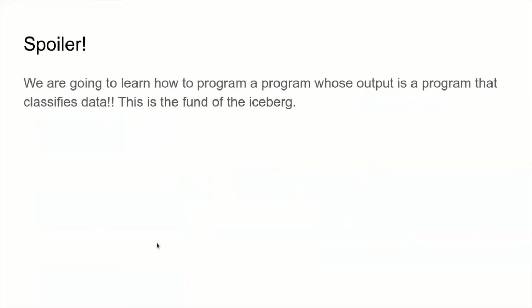And I'm going to make a little spoiler: we're going to learn how to program a program whose output is a program that classifies data. So I hope that this claim is motivating for you. And this is the tip of the iceberg, and this is the logic behind it that we're going to see next.